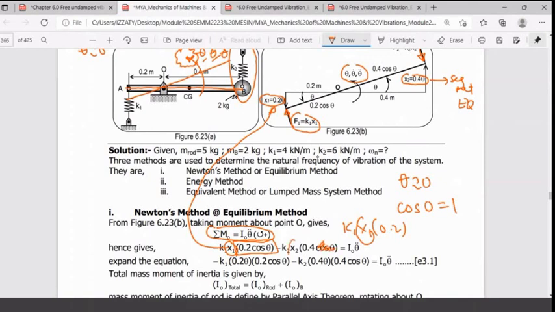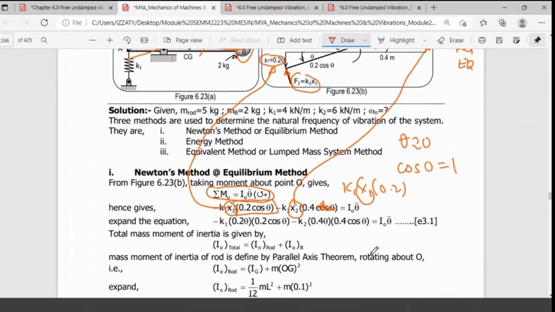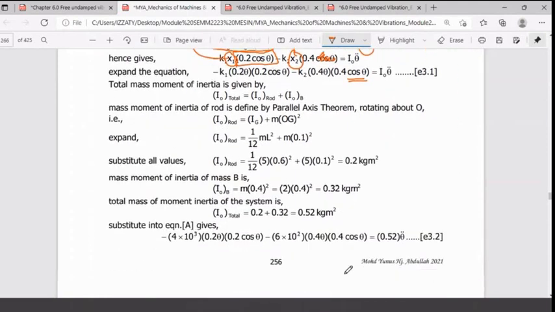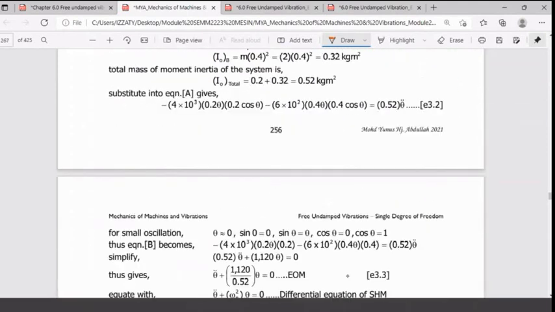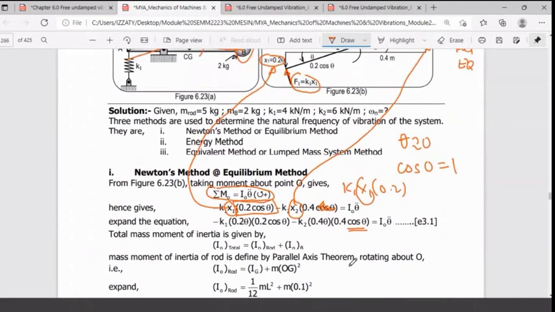This x2, you put x2 equal to that one. So you have it as such. Because at the end of the day, when you say it is a small oscillation, cos theta equals 1.